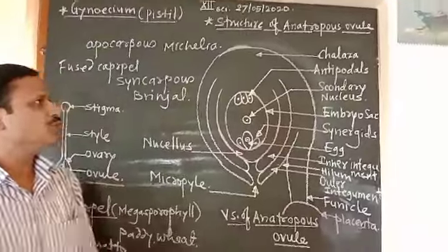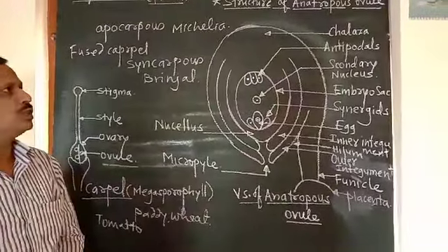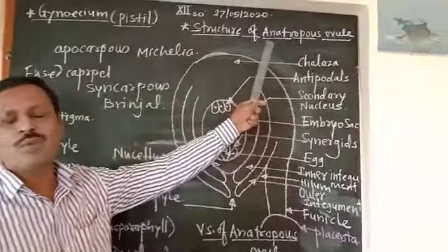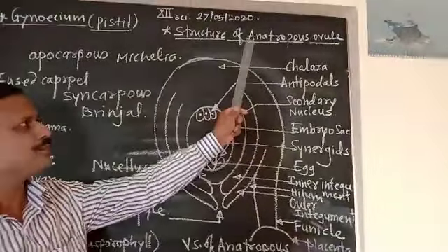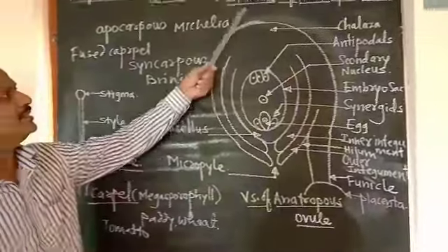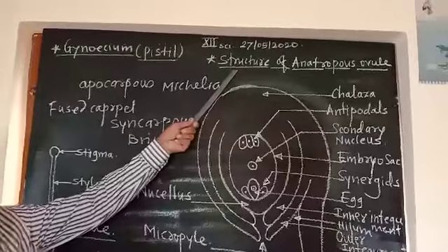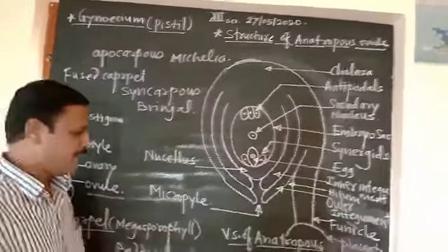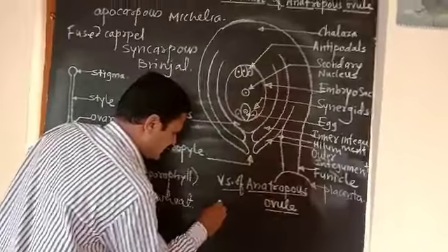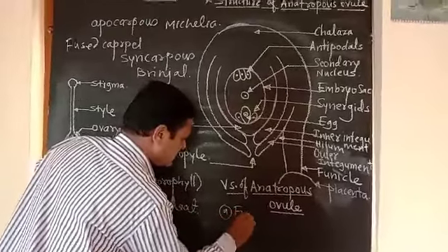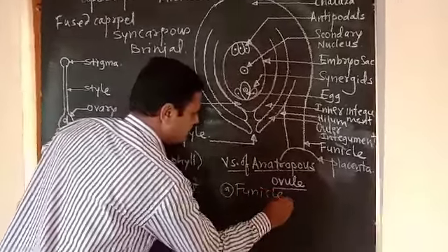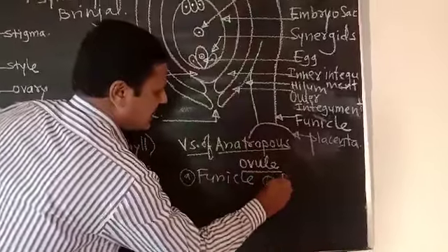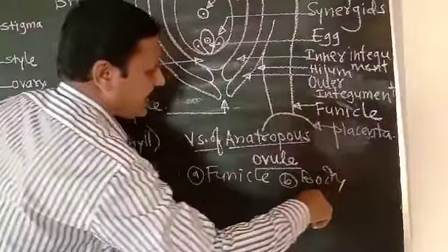Mostly angiospermic plants show anatropous ovule. Structurally, the anatropous ovule is mainly divided into two parts: funicle and body.